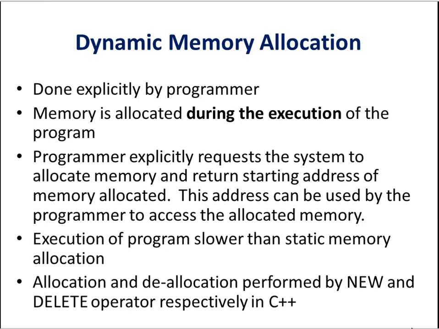This returned address can be used by the programmer to access the allocated memory. In dynamic memory allocation, we need a pointer, and we have already covered pointers in another video. Execution of the program is slower than static memory allocation, but we avoid the wastage of memory in dynamic memory allocation.